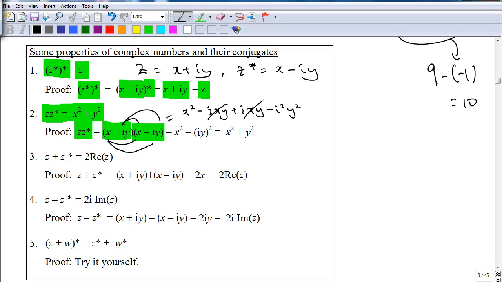Then these two terms cancel away, and that will give you x squared plus y squared, because remember, i squared is minus 1.